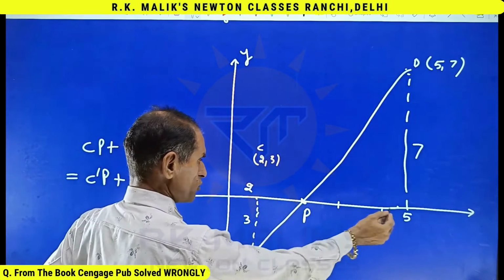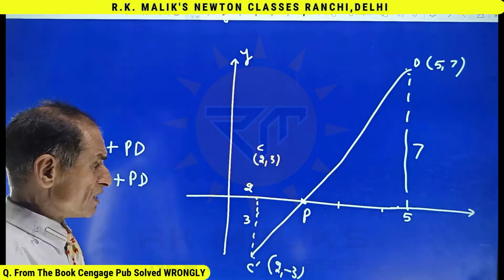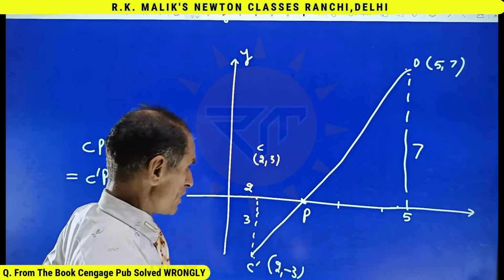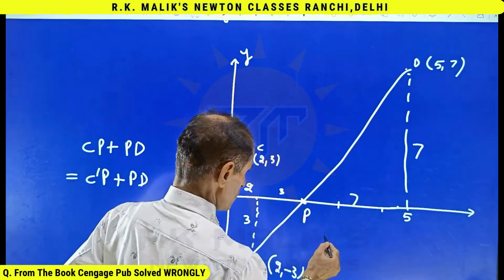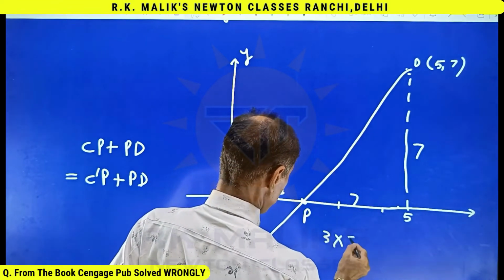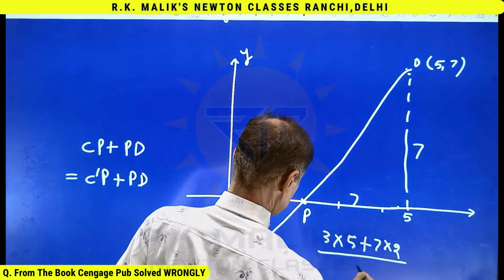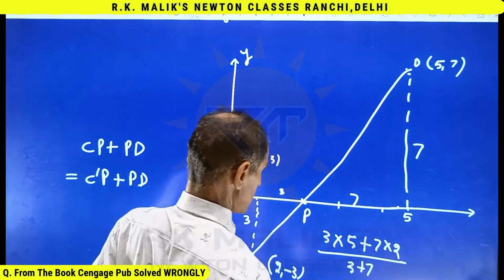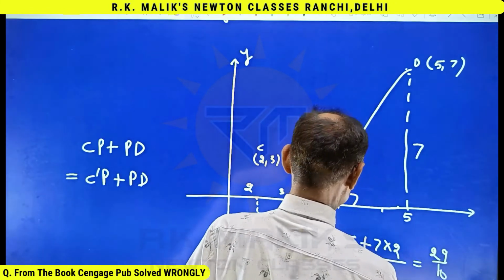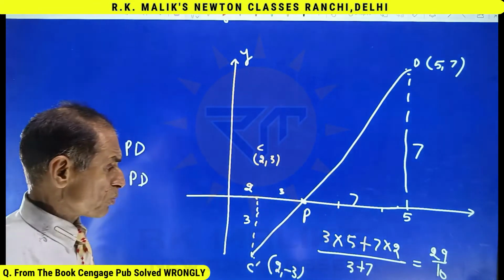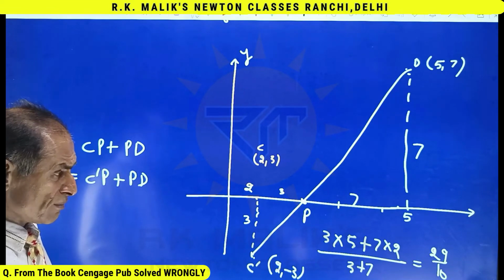And now the ratio is known to you. Points are 2 and 5. You can easily get the coordinate of the point P as, writing 3 here, 7 here, 3 into 5 plus 7 into 2 upon 3 plus 7, 29 by 10. That is, this point will have coordinate 29 by 10 comma 0.